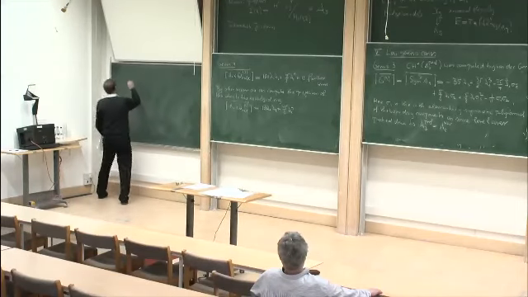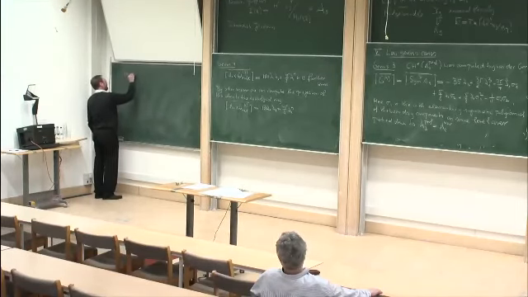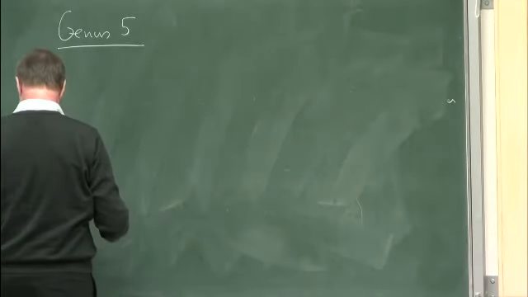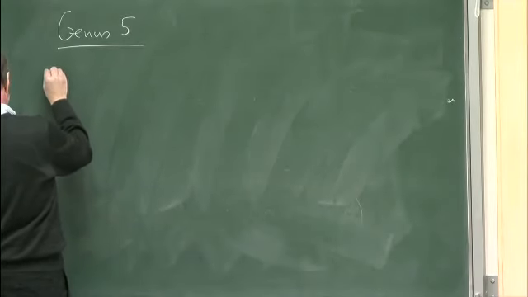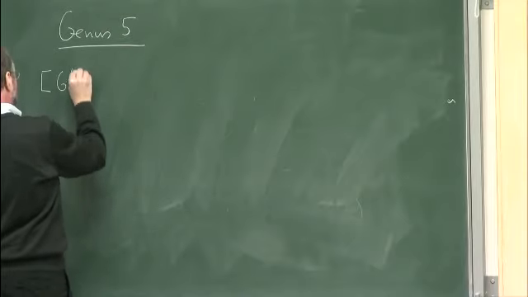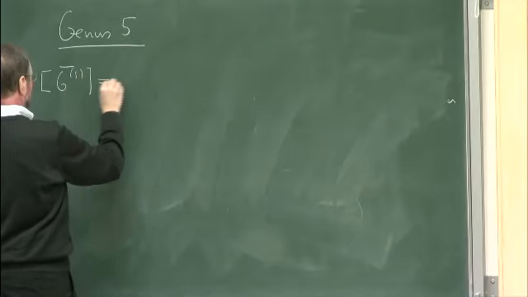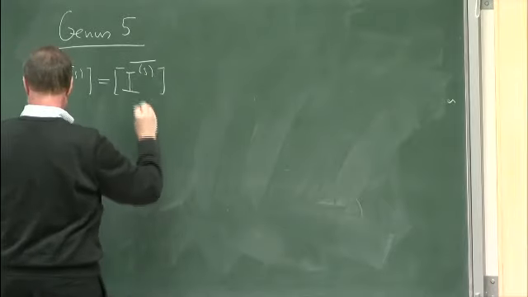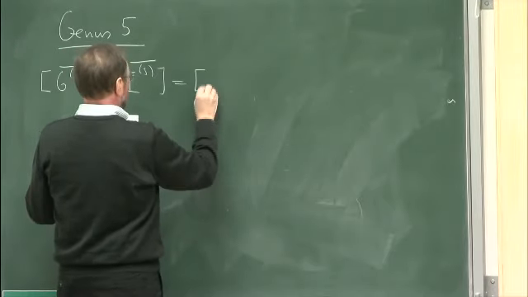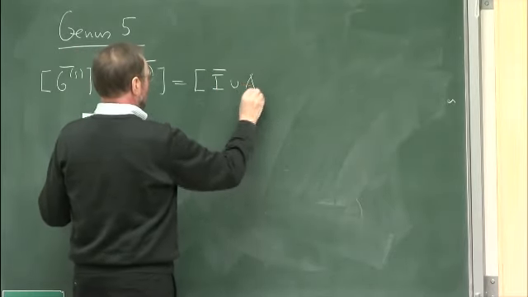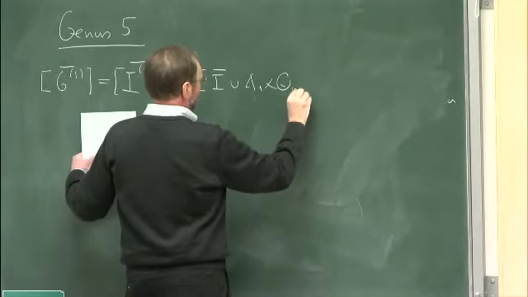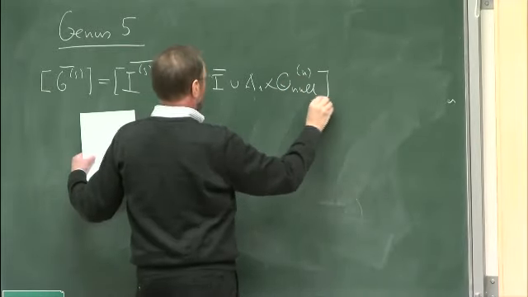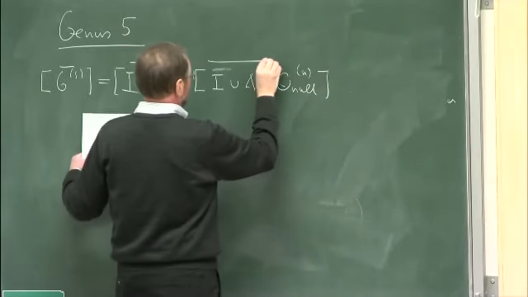Genus 5. So what we get here is the closure of I5 union A1 cross the genus 4 locus.